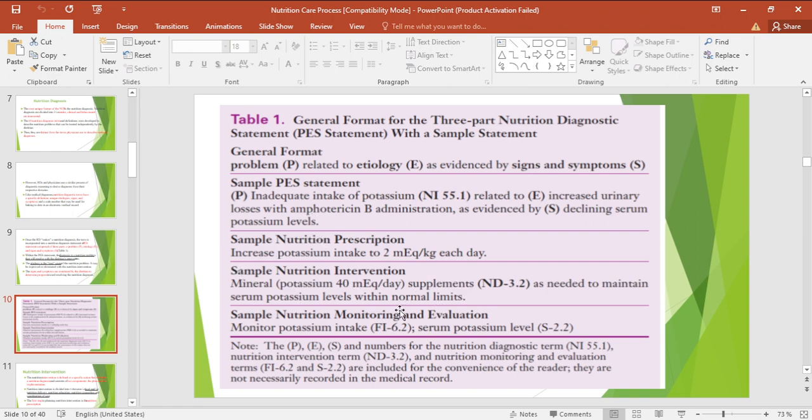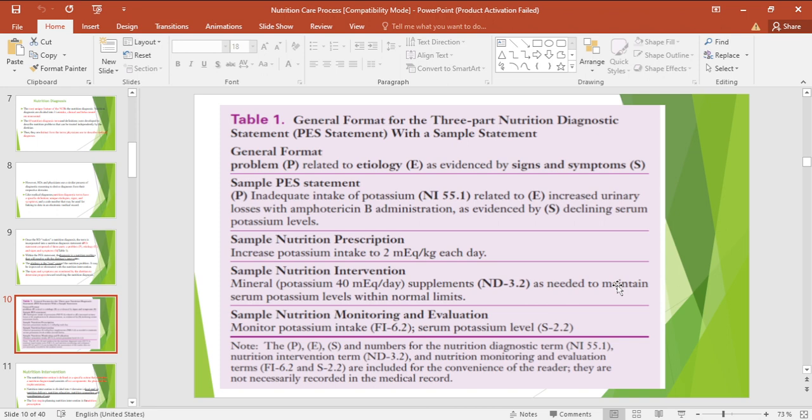Sample prescription: increase the potassium intake to 2 milliequivalents per kilogram each day. Then the nutrition intervention: the mineral potassium level has to be 40 per day, with supplements as needed to maintain the serum potassium levels within normal levels. And that is your intervention.